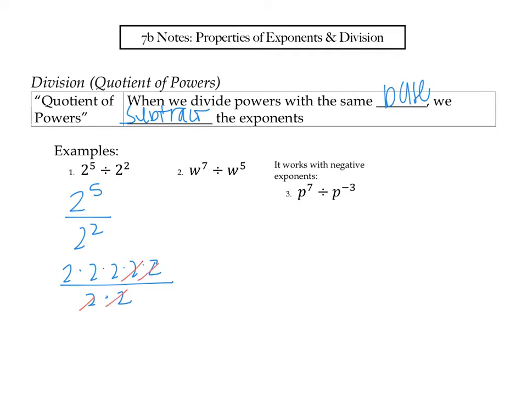So we're just left with 2 times 2 times 2, which is just 2 cubed. All I did was take 2 to the 5th over 2 squared and subtract those powers. So I did 2 to the 5th minus 2, which equals 2 cubed. Okay, so it also works with just our variables. I'm going to erase this so it gets out of my way.